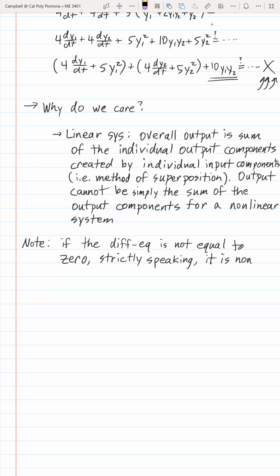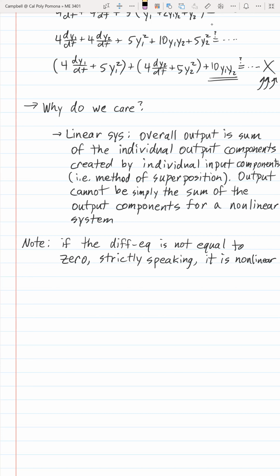from our understanding of what a linear property is, let's just say it that way, when something is linear, strictly speaking, that's nonlinear.